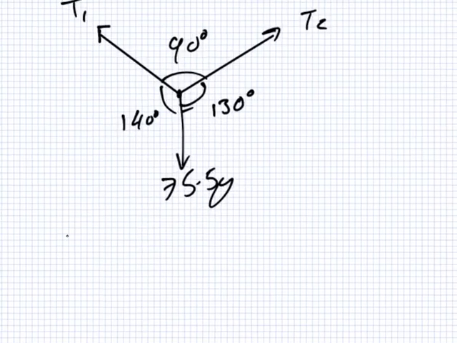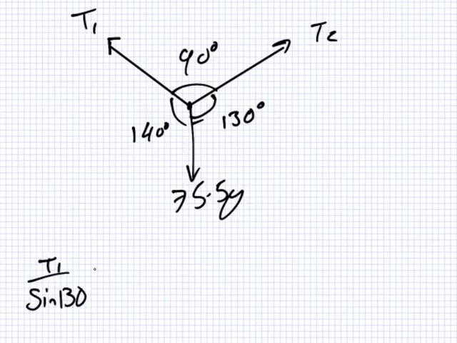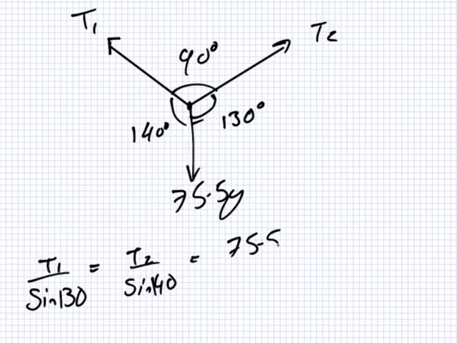Lami said that T1 over sine 130 equals T2 over sine 140, which also equals 75.5 g over sine 90.